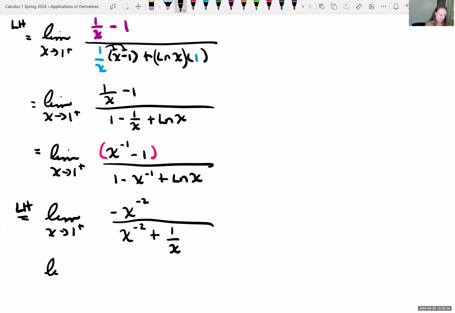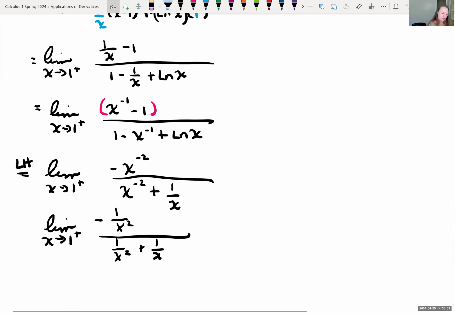So looking at this, let's rewrite it a little bit. So I have negative 1 over x squared, all over 1 over x squared plus 1 over x. Now if we do our direct substitution, it looks like we're not getting that form of 0 over 0 anymore.